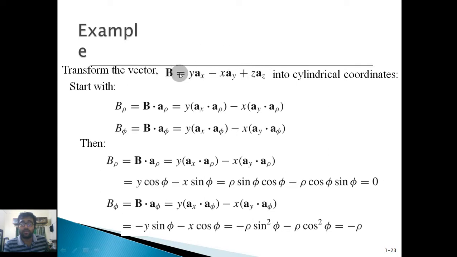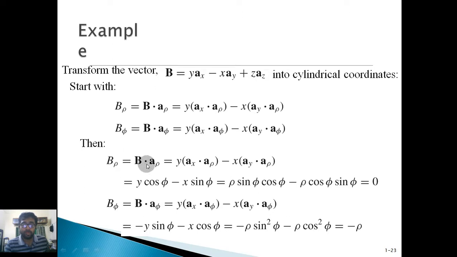The vector v has been described in the Cartesian system, and we want to transform it into the cylindrical coordinate system. So how are we going to do that? We will start with B_rho. B_rho can be described as y a_x dot a_rho minus x a_y dot a_rho, and B_phi can be described similarly.